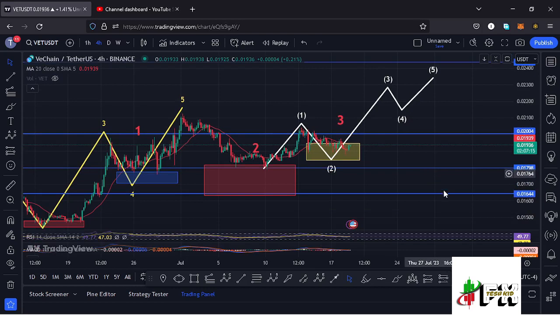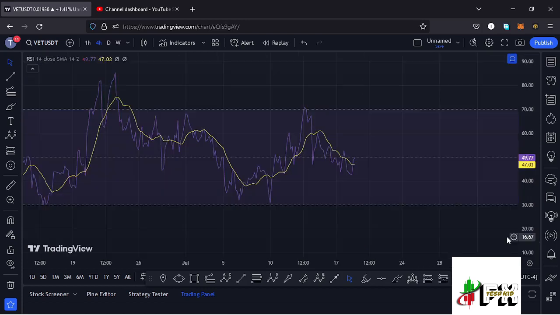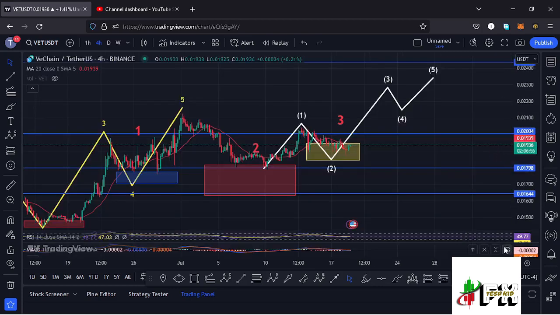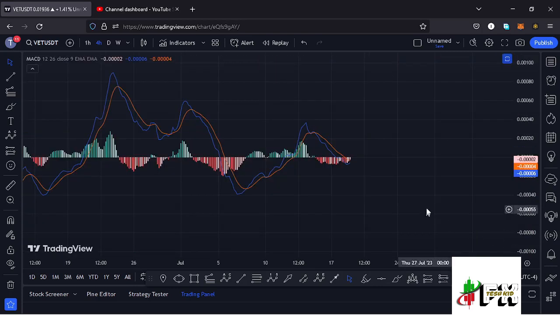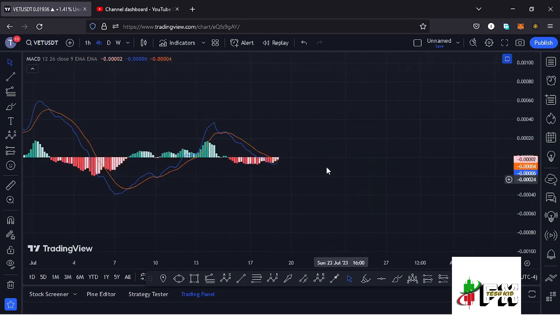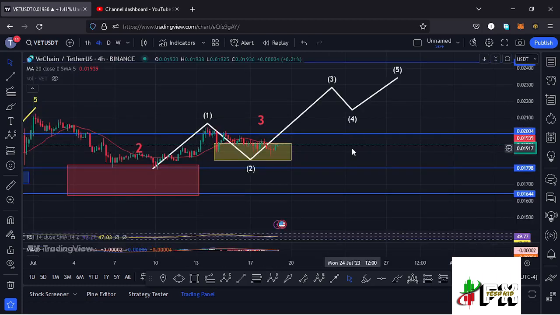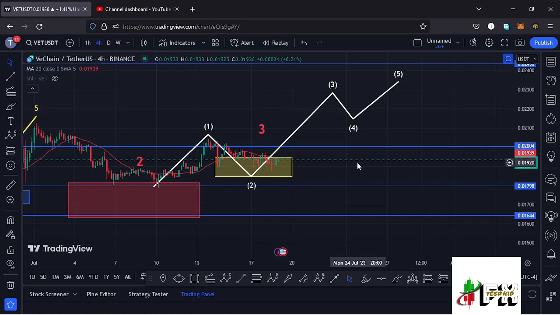Also taking a look at the indicators, on the RSI we are trading at around the 47 mark, fully supporting higher prices. On the MACD, we have been able to print a bearish cross, though we are seeing a decrease in the selling momentum, suggesting that soon we might be able to print a bullish cross. So let's be patient and see how that plays out, and I will be keeping you updated.